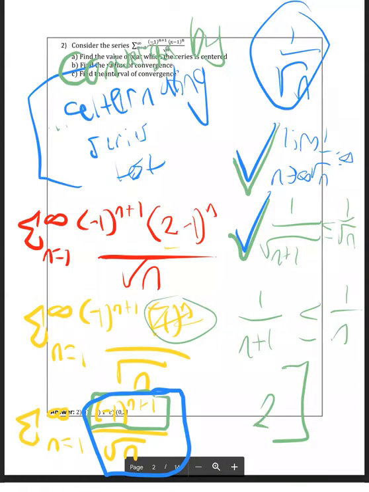Julia, basically the whole point of the alternating series test is just to see if these 2 conditions work. And when you're trying to figure out how to set it up, you ignore what's here. That's why I just wrote 1. You're ignoring what's here. That's literally the rule of the test. I don't plug in any n values here.